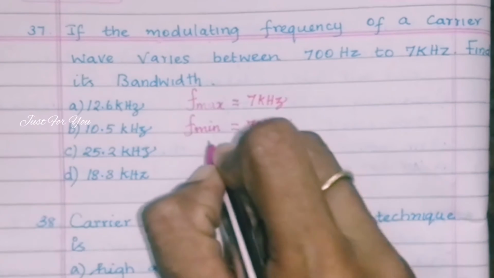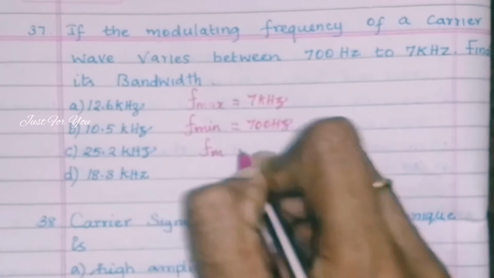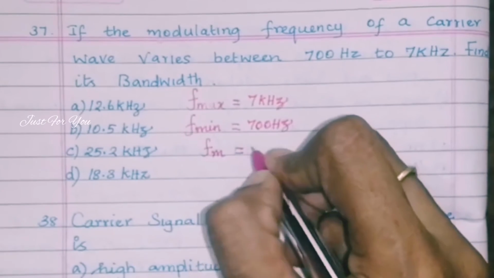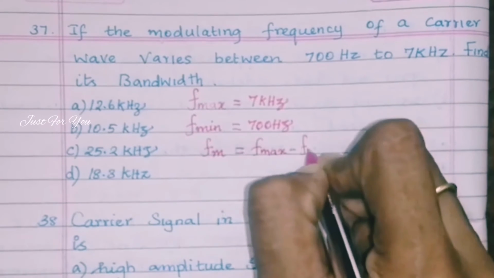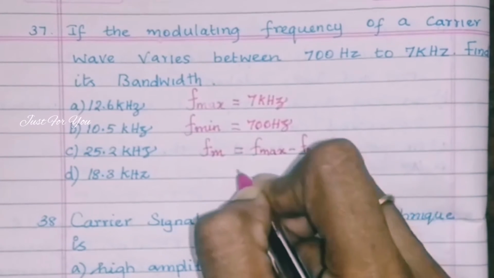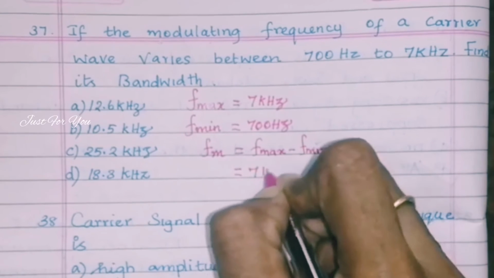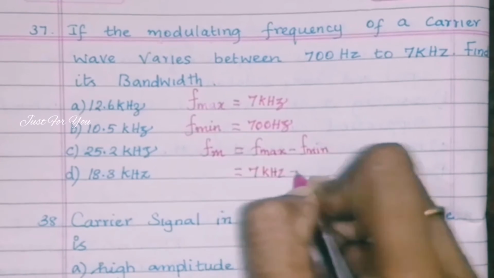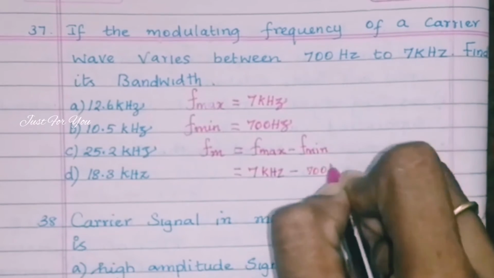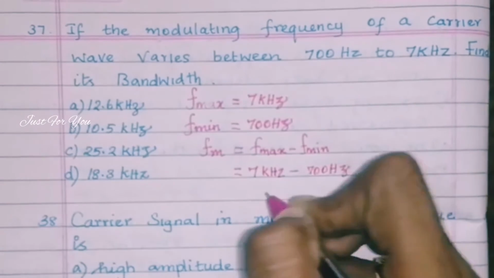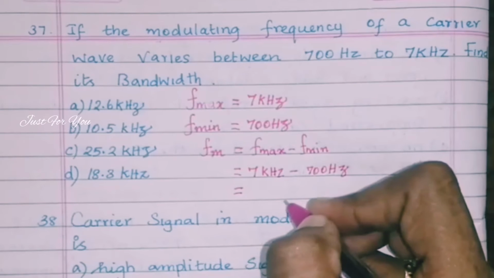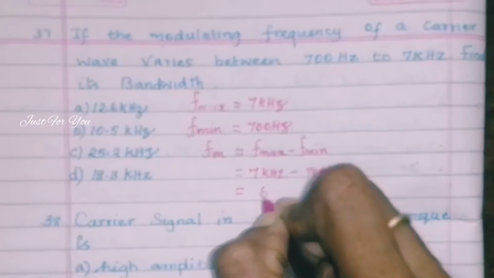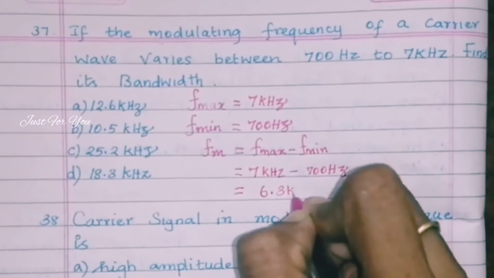So the modulating frequency formula is Fm is equal to Fmax minus Fmin, which is equal to 7 kilohertz minus 700 Hz, which is nothing but 7000 minus 700. We will be getting 6300, which is nothing but 6.3 kilohertz.